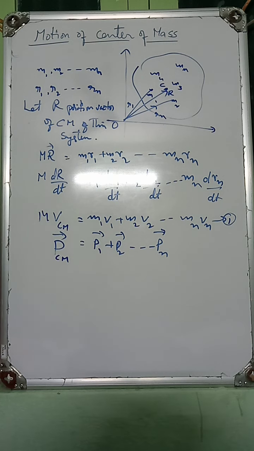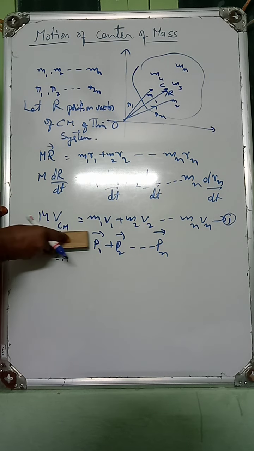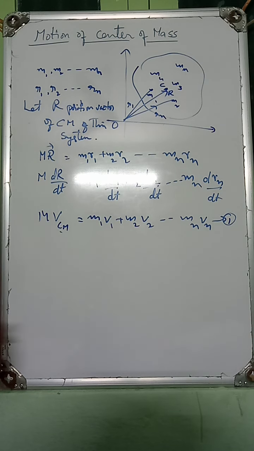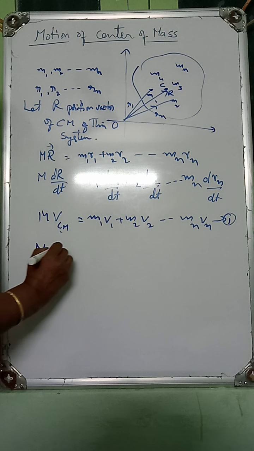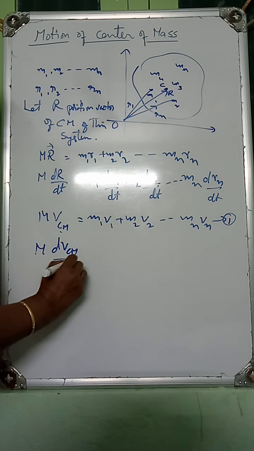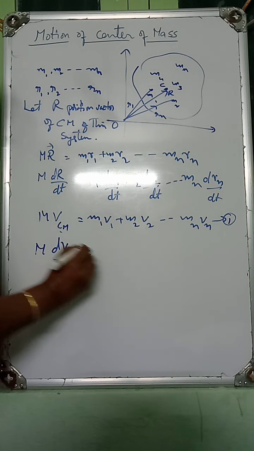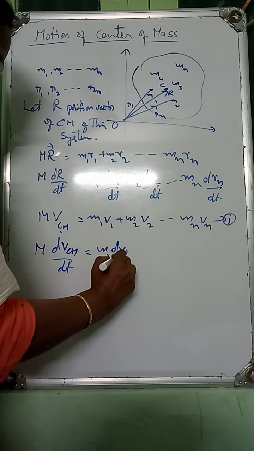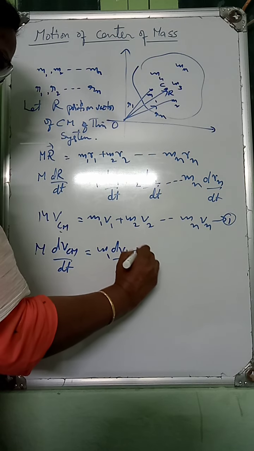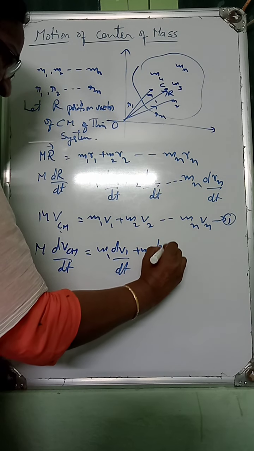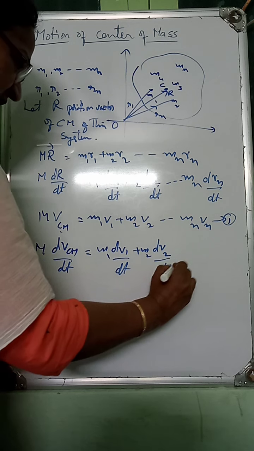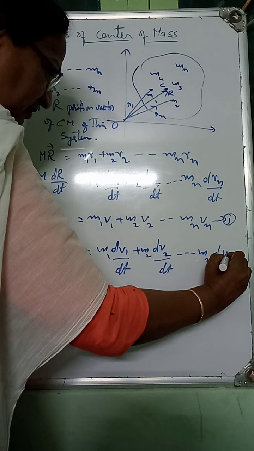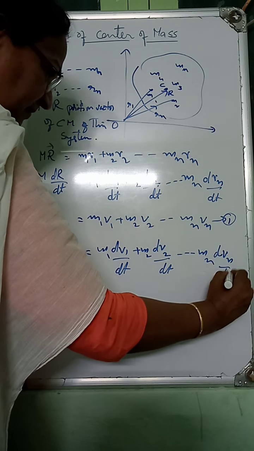Again differentiate equation 1 with respect to time, both sides. M dVcm by dt is equal to, because velocity is also a vector, m1 dv1 by dt plus m2 dv2 by dt, and so on up to mn dvn by dt.